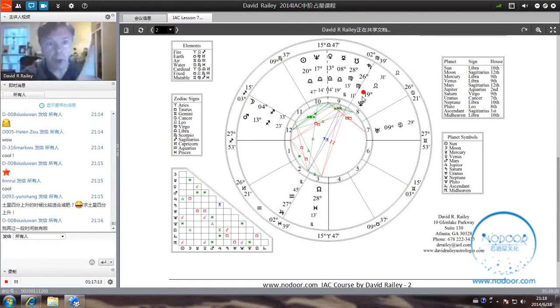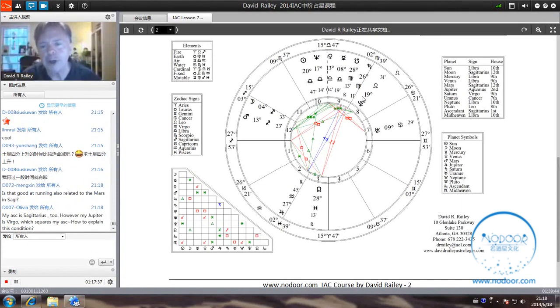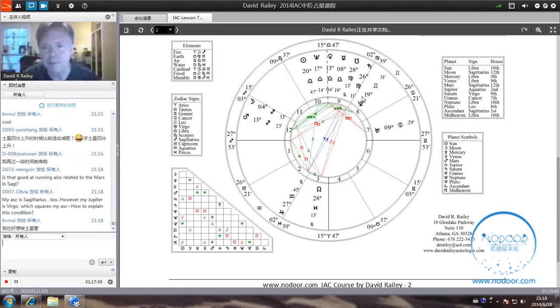But Saturn in Virgo says, wait. Stop. Right. So here you've got the difference between Saturn and Jupiter very clearly indicated. Okay. All right.